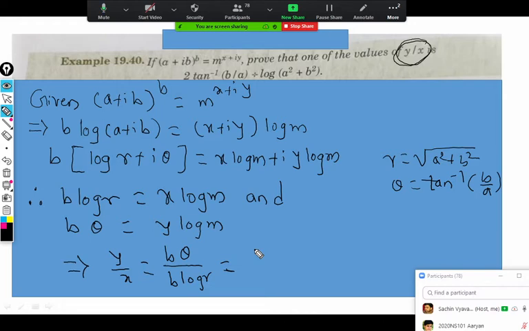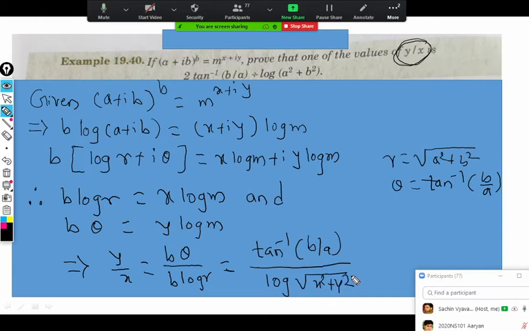In the answer, they have written 2 times tan inverse of b upon a. So why is that 2 coming there? It is tan inverse of b upon a divided by log r.